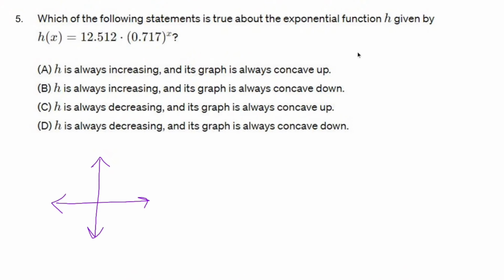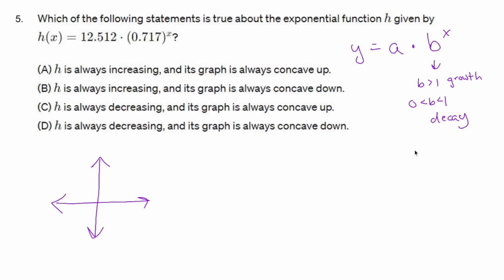Now, this is in the form y equals a times b to the x. If b is greater than 1, you have exponential growth. And that's what we have. No, it's not what we have. We have a case where b is in between 0 and 1. That is a case of decay.